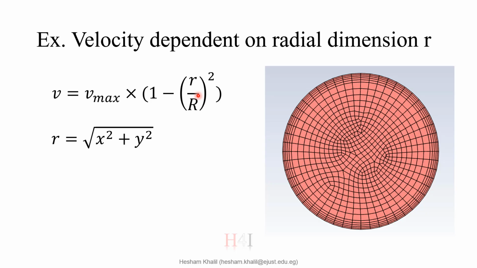In ANSYS, we are dealing with Cartesian coordinates, so we must define R as a function of x and y: the square root of x squared plus y squared. If we substitute this in the main equation, you get this form.